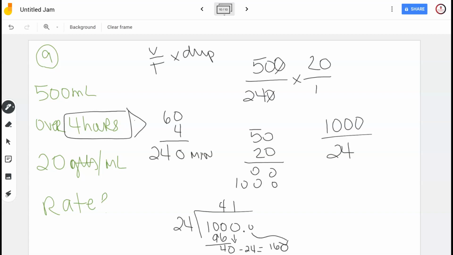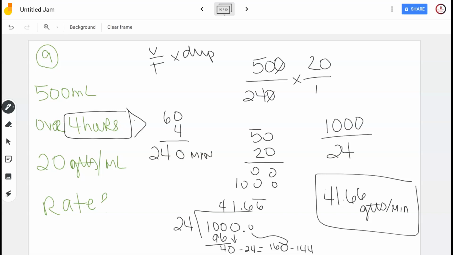Drop your 0 down. 24 goes into 160 6 times, 144. And this ends up being a repeating decimal, this 6. So your answer is 41.66 drops a minute. Again, this one wasn't really pretty math, unfortunately.